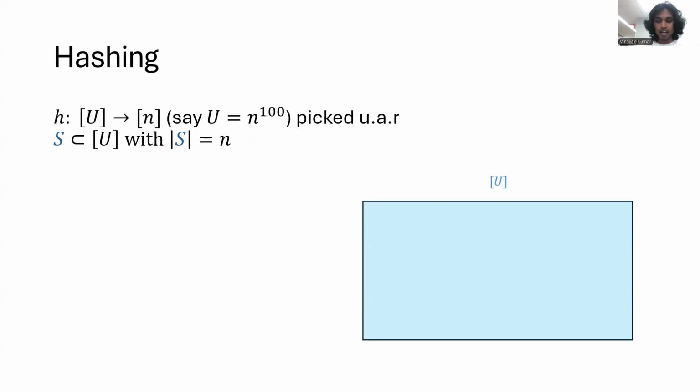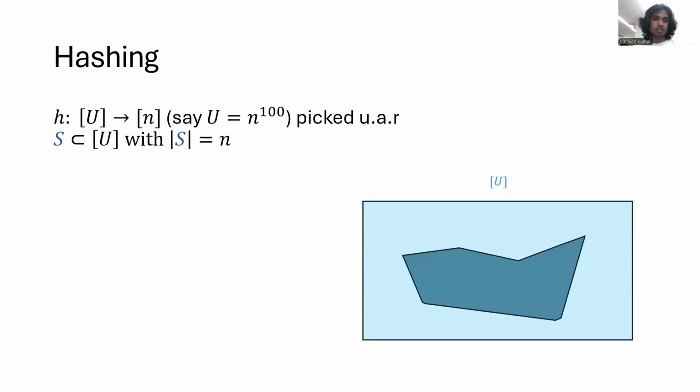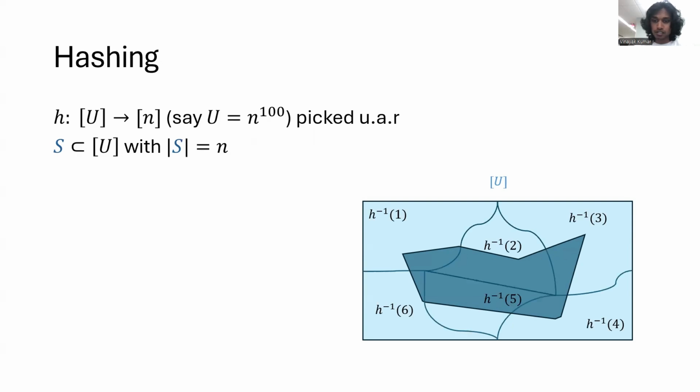Pictorially, we can think of this vast space as our universe, and then some arbitrary blob in it is our set S. We can think of H as partitioning our universe into n bins by its preimages.